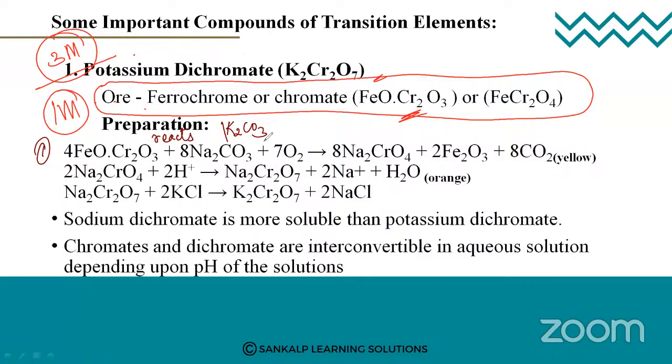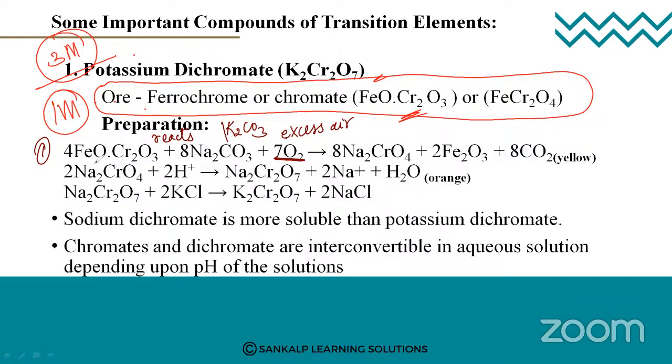Either you can take sodium carbonate or you can take potassium carbonate, in the presence of excess of air. And what is the reaction?